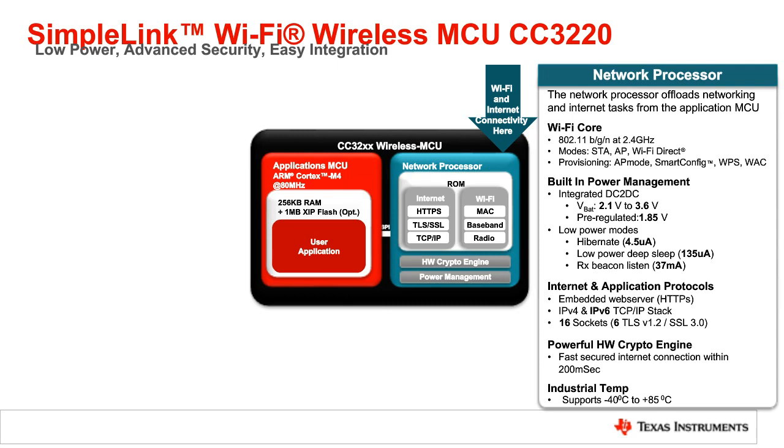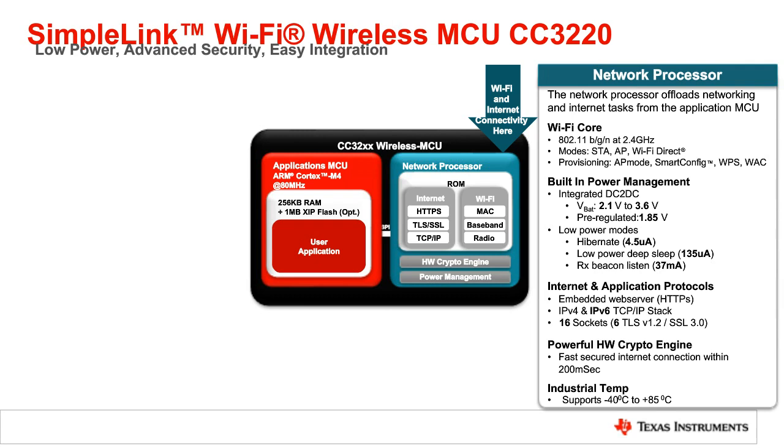The hibernate mode will consume 4.5 microamps. The low power deep sleep, which is leveraged in the always connected mode, will consume 135 microamps. It's important to note that for the low power deep sleep, this current consumption is actually the current consumption for the whole system, the application MCU and the network processor. This is very low for an integrated microcontroller with Wi-Fi solution.